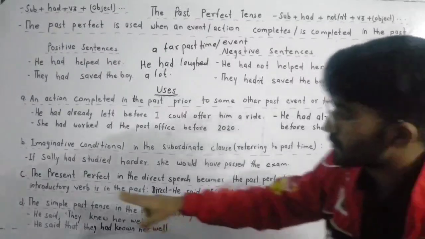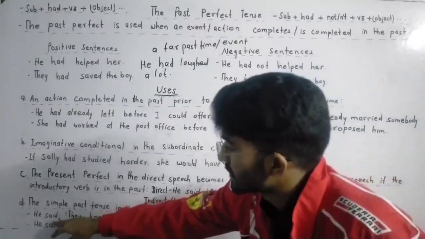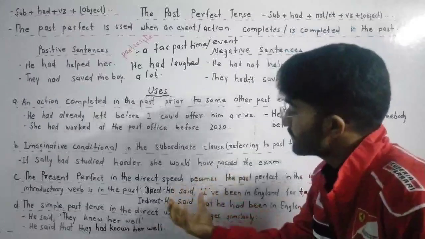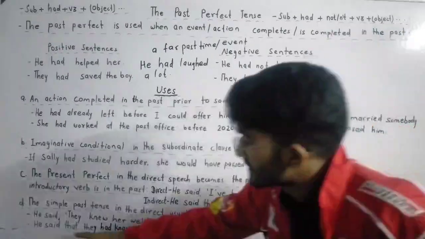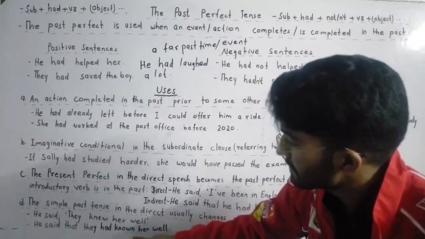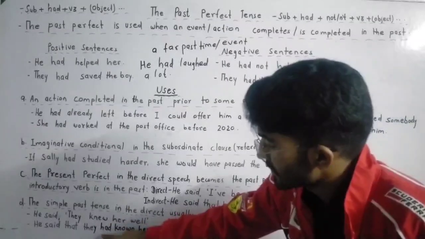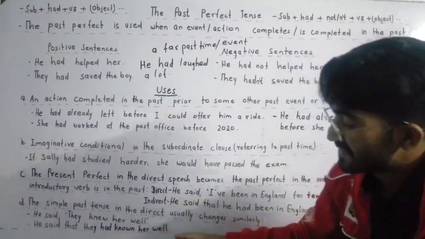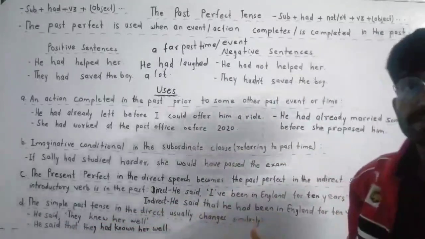If the introductory verb is in the past, with the same meaning. He said that they had known how well, had plus verb 3, and this one is a simple past sentence. This one is a past perfect sentence if the introductory verb is in the past.